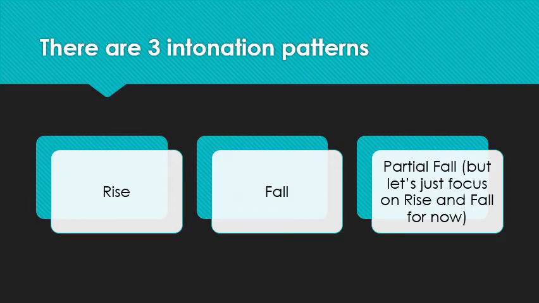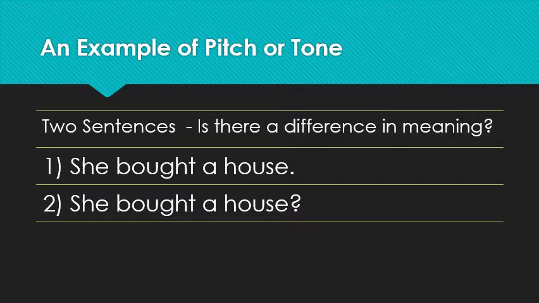There are three intonation patterns: rise, fall, partially fall. But let's not focus on that. We'll just focus on the rise and fall. Okay, so here are two sentences, examples, and we're going to talk about the meaning behind them.